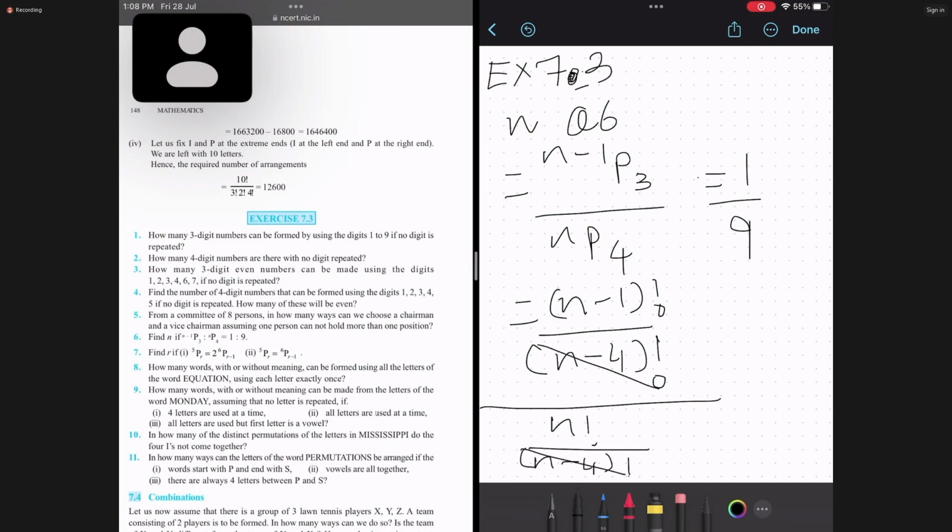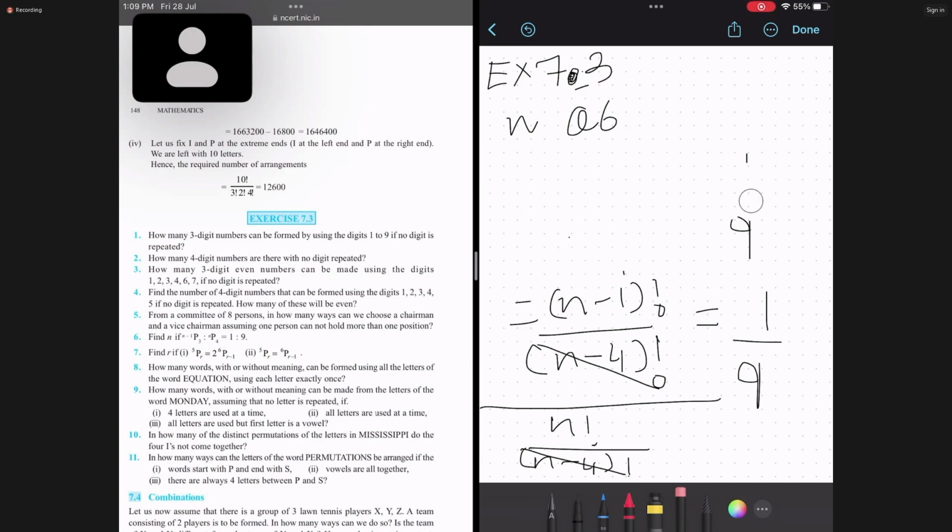This and this get cancelled out. I have 1 over 9. Solving this further, I have n minus 1 factorial upon n factorial equal to 1 over 9.